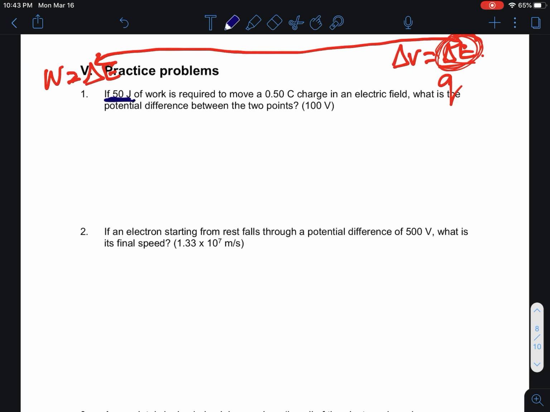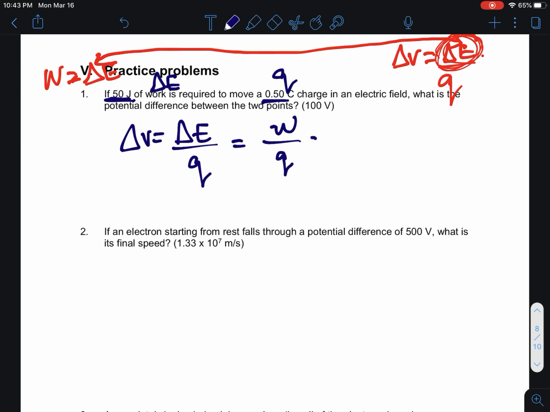Okay, so 50 joules of work is your change in energy, and it's required to move a certain charge in an electric field. You're being asked for the potential difference, and that would be this formula. Potential difference is your change in potential energy divided by the charge. Now that change in potential energy is your work, so we'll divide that by the charge.